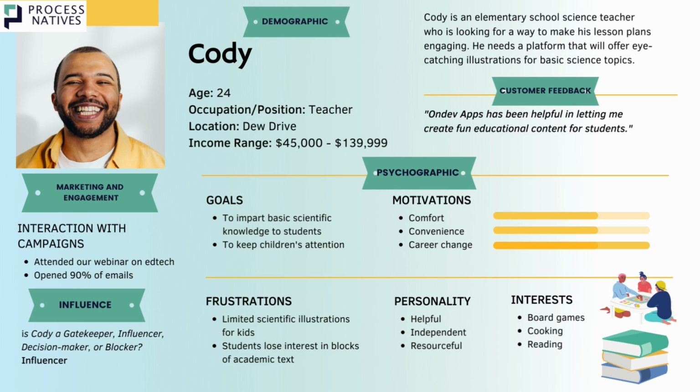Customer feedback usually provides a review or customer feedback score. So this time they know that Cody found that they have been helpful in letting him create fun educational content for students. So the next time a sales rep is looking at his profile on Pipedrive CRM, they would see this information. What is psychographic data?